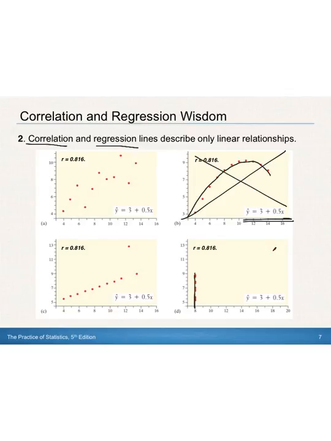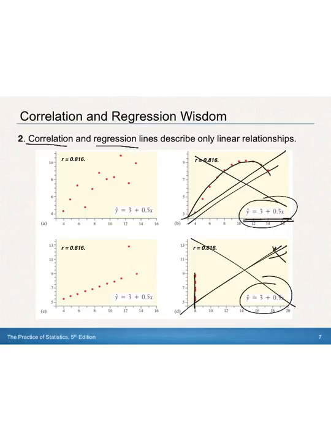It's got a vertical thing and then some weird outlier. So for both of these we should not use R to talk about how strong it is, or a regression line, because even though the least squares regression lines for both of these are exactly the same, it's inappropriate to use them.